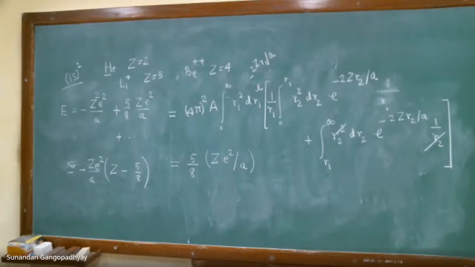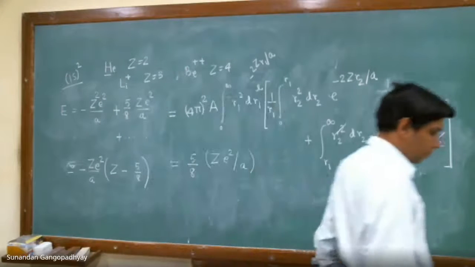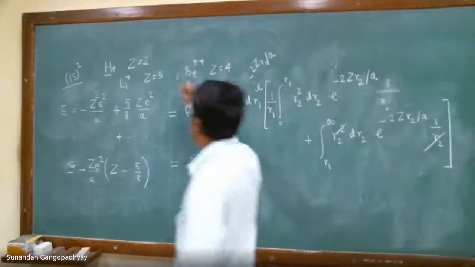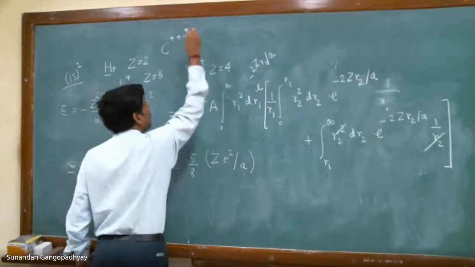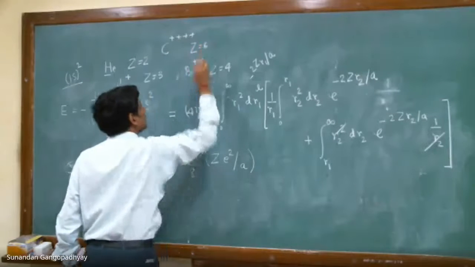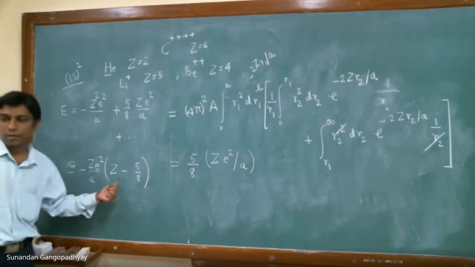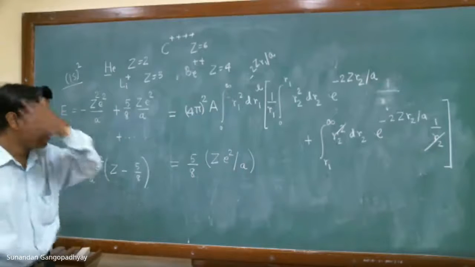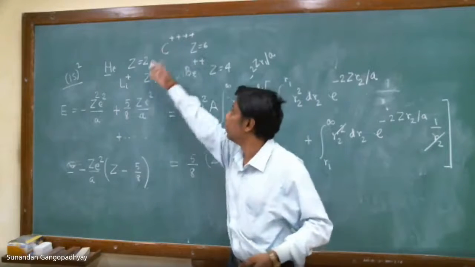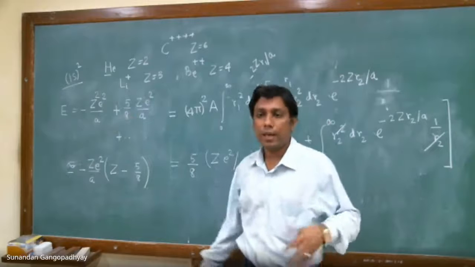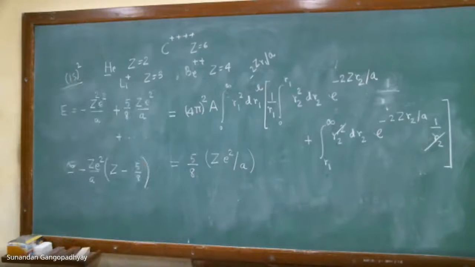For carbon, which is like this, I think this is plus plus plus plus. You understand what I mean? Z is 6. So that is why I actually kept this factor of Z. You can apply this result to all other systems that have 2 electrons. So this is the reason we have kept this.